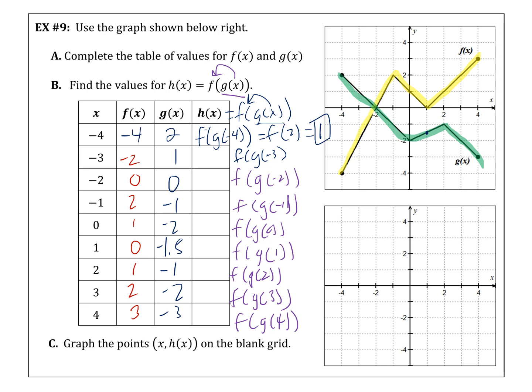I'm going to go to -3 first and then go to g. At -3, g is 1. So I go to x equals 1, go to f of x, and I get 0.